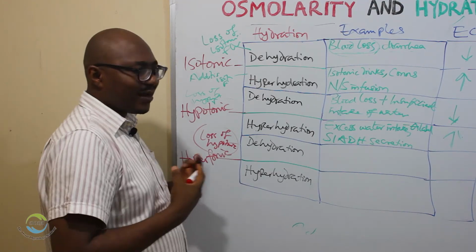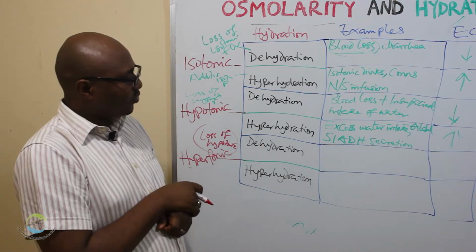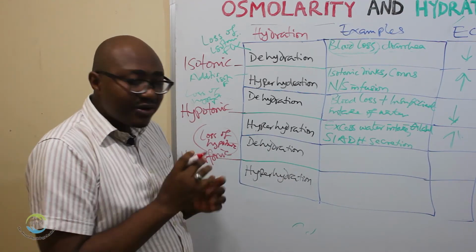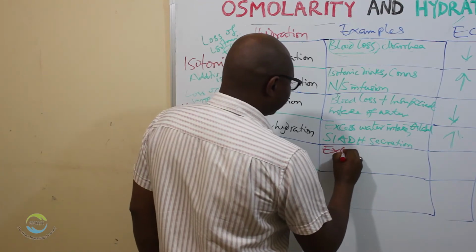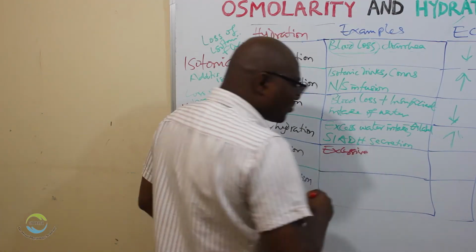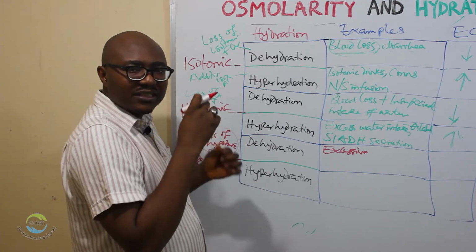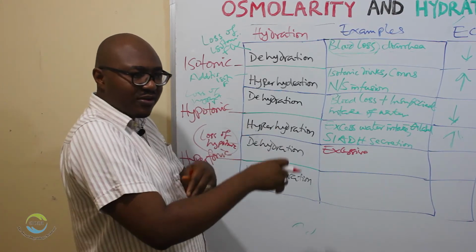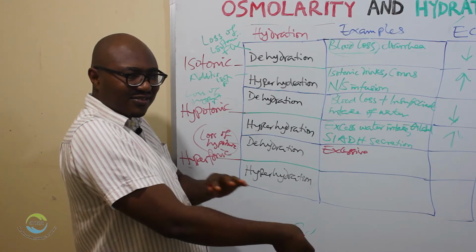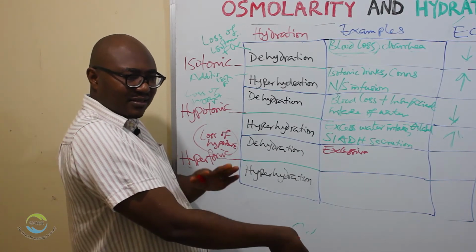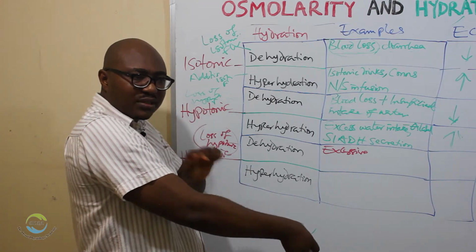So in what kind of situation do you think there can be loss of hypotonic fluid? A very common one is excessive sweating. Sweat contains more water than salt. You know, sweat is salty. When you are sweating, sodium chloride and water and some other things are removed, but there is more water.